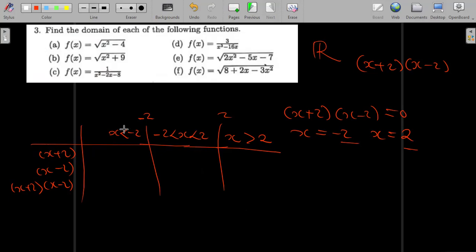Let's pick a number which is less than negative 2. For example, I'm going to choose negative 3. When I place negative 3 where x is, I get negative 3 plus 2, and that gives me negative 1, which is a negative value. So what I'm interested in is not really the value of the number itself.